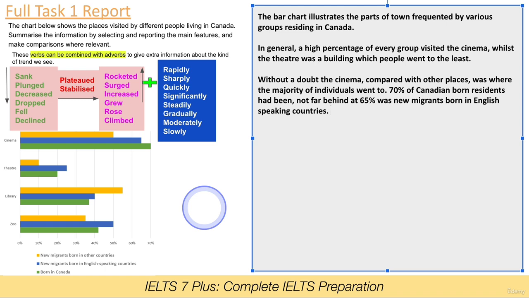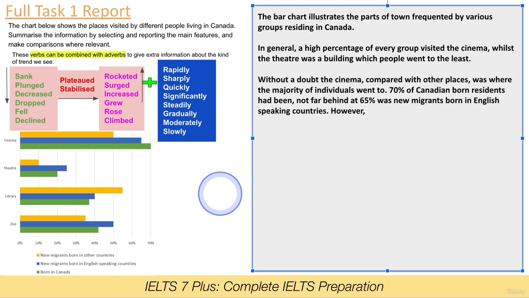Okay, brilliant. So let's think about new migrants born in other countries now. 50% of them went to the cinema, but actually this wasn't the highest group for them. This was the highest place for them where they went the most. It was actually the library. So let's now put that into a nice sentence or two.